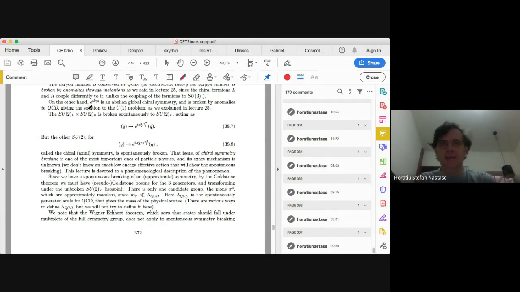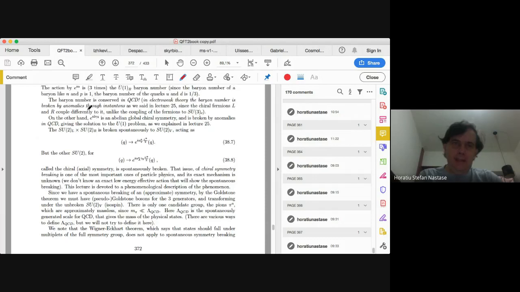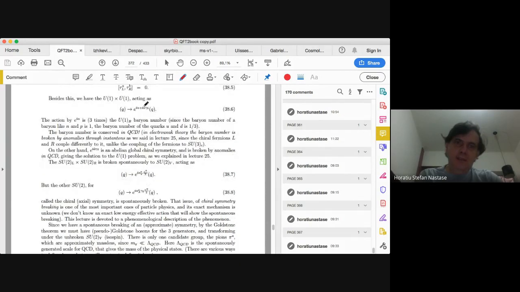On the other hand, the other U1 symmetry with i alpha tilde gamma 5 in the exponent is an abelian global chiral symmetry. And this chiral symmetry is broken by anomalies in QCD. And this gave the solution to the U1 problem that we explained in lecture 25.